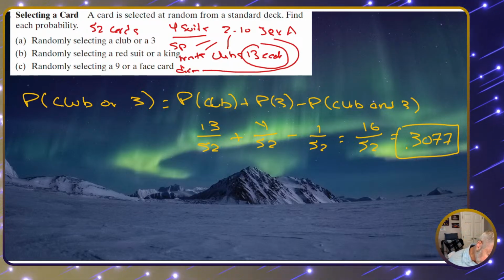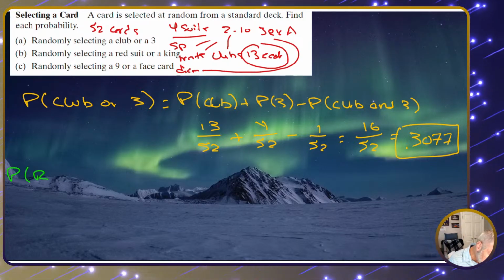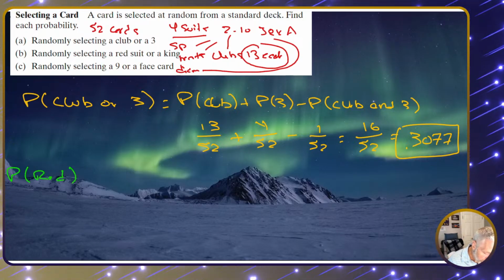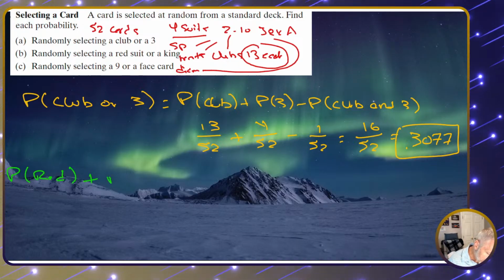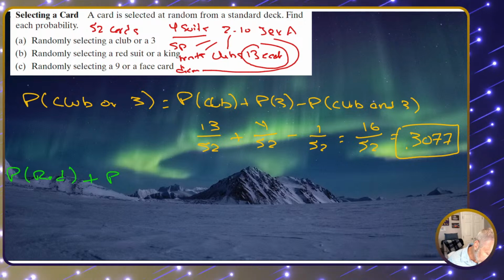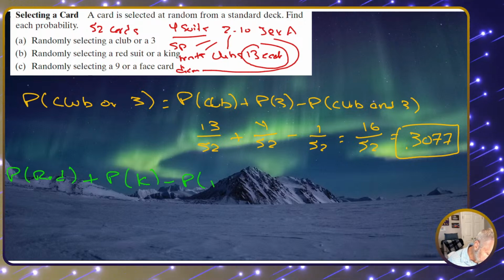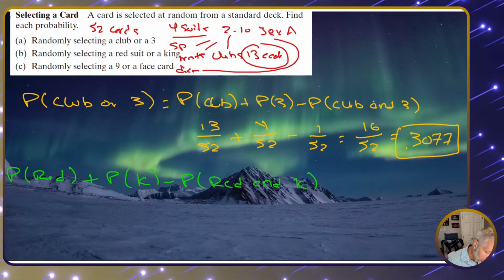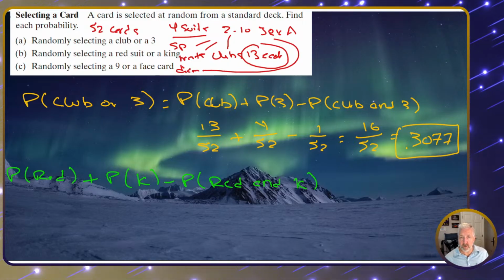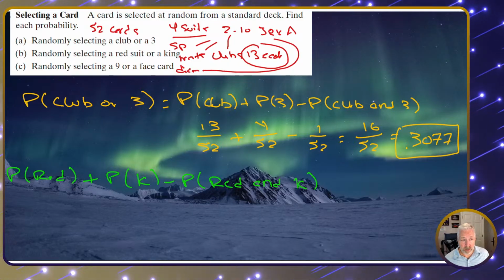So we are looking at the probability of a red card, plus the probability of a king, subtract out the probability of a red and a king. Again, there are 2 red kings in the deck, so I've got a number there. It doesn't just go to 0. They are not mutually exclusive.